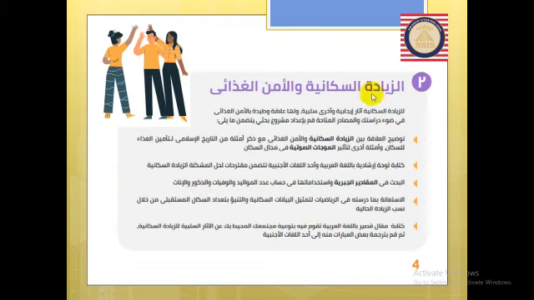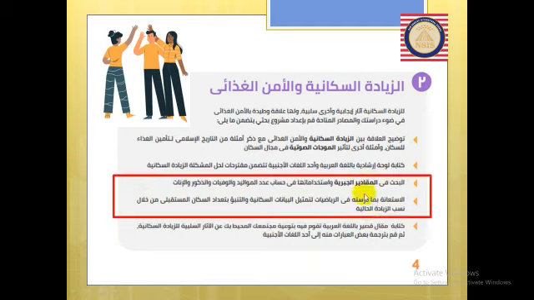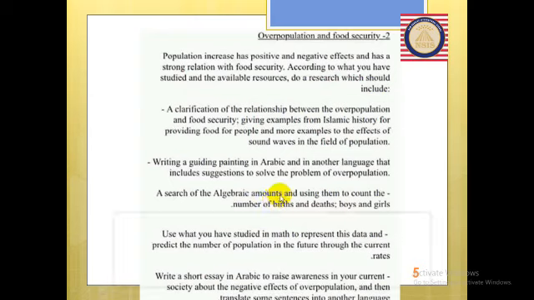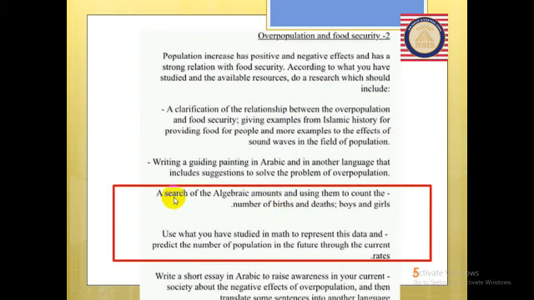Here, overpopulation and food security. What is the part of math in this part here? These 2 parts. Let's see what they mean in English. He wants you to use the algebraic equations and use them to count the number of births and deaths for males or females or boys and girls, okay?